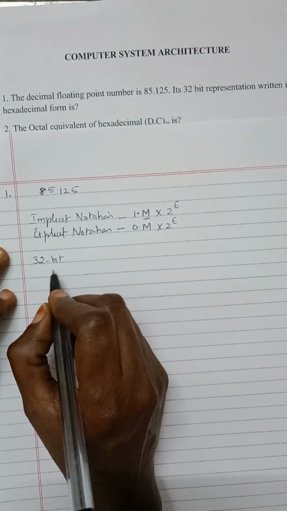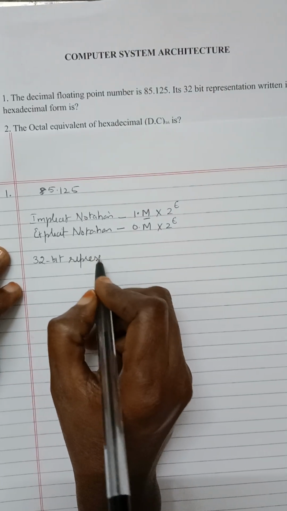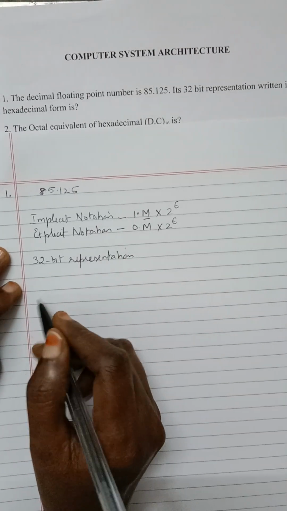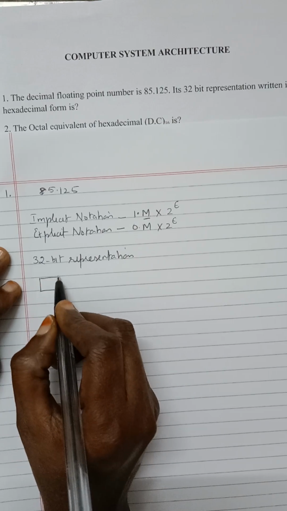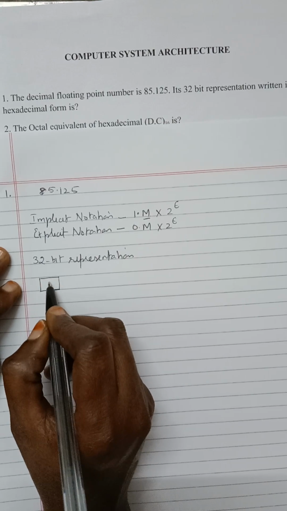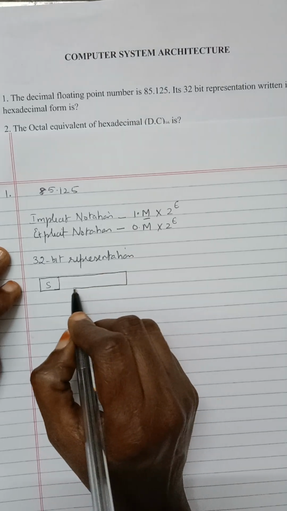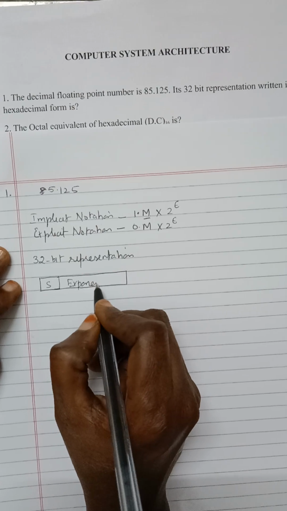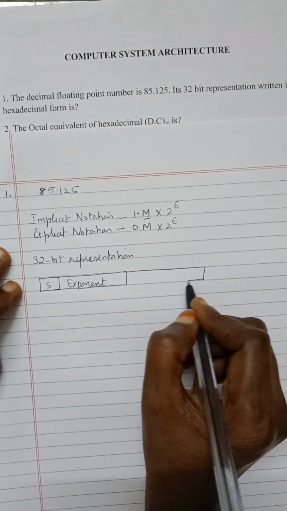What is the format for 32-bit representation? First is the sign bit, next will be the exponent, and next will be the mantissa part.